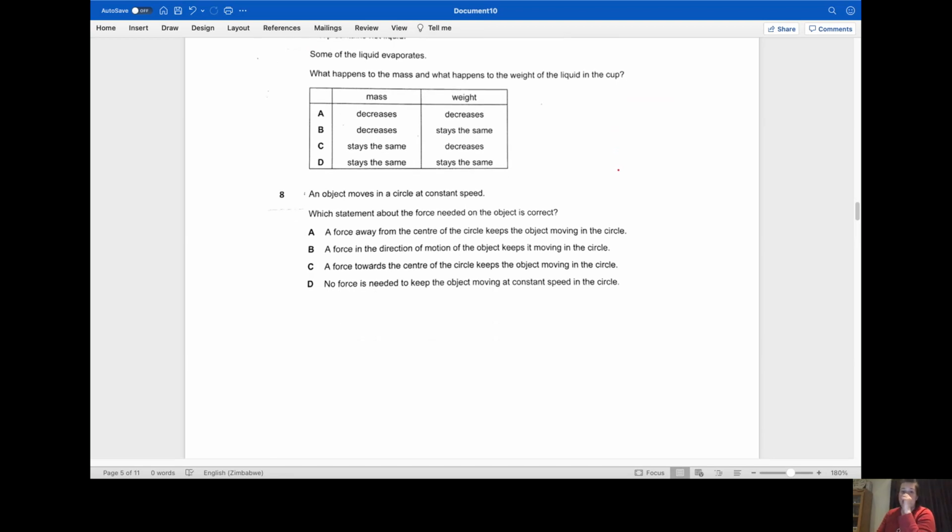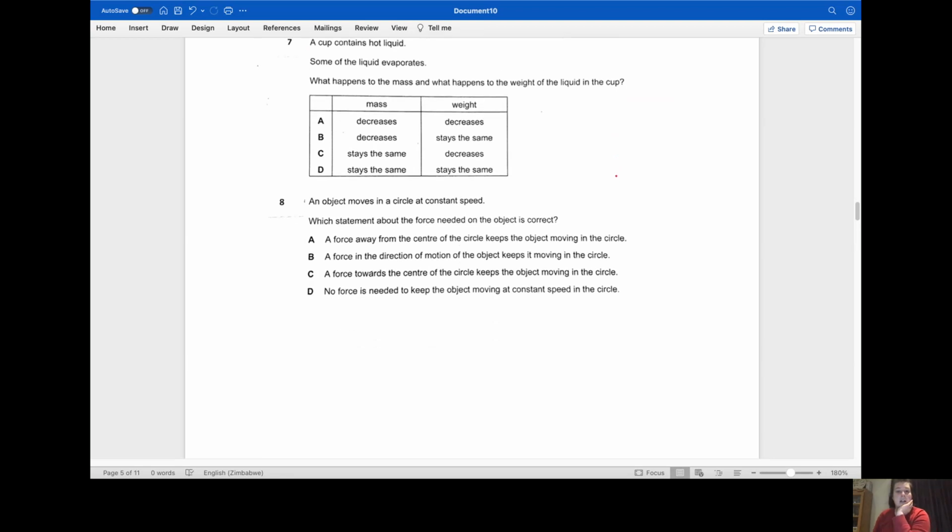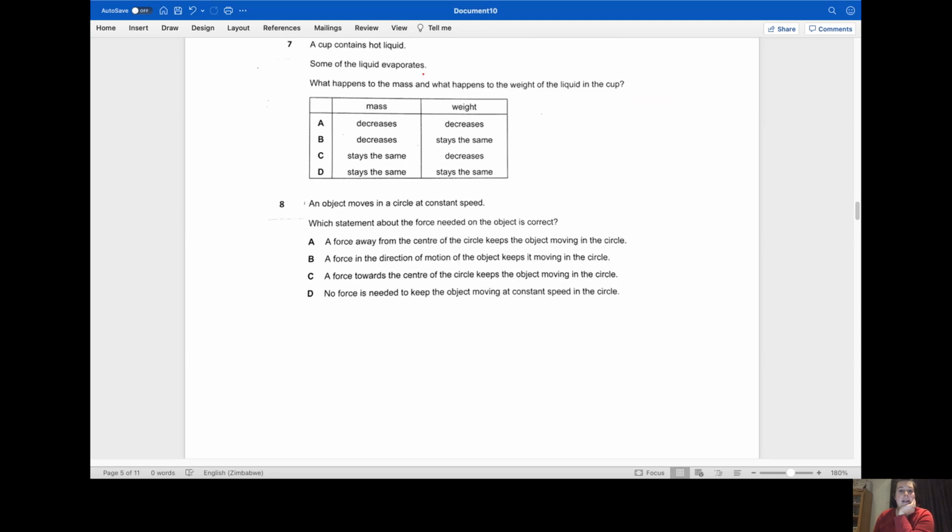Question 7. A cup contains hot liquid. Some of the liquid evaporates. In other words, you lose some liquid. What happens to the mass and what happens to the weight of the liquid? If I am losing liquid, my mass is going to decrease. So it's not C or D. If my mass decreases, my weight will also decrease.